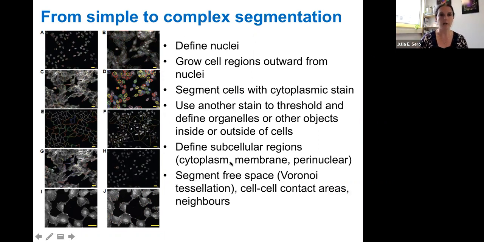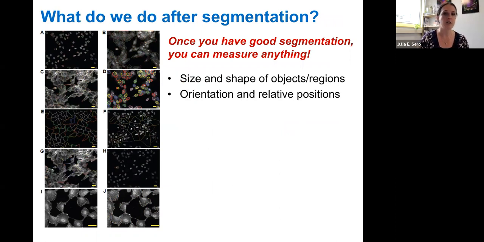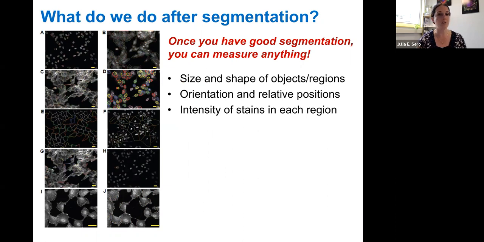We can look at the free space, so do what's called Voronoi tessellation, like growing bubbles until they touch. How much free space is there? How much are the cells touching one another? Do they have neighbors? And again, remember, once we've got segmentation, now we can measure anything. We can measure the size and shape of our objects, of our regions, their orientation, their relative positions.